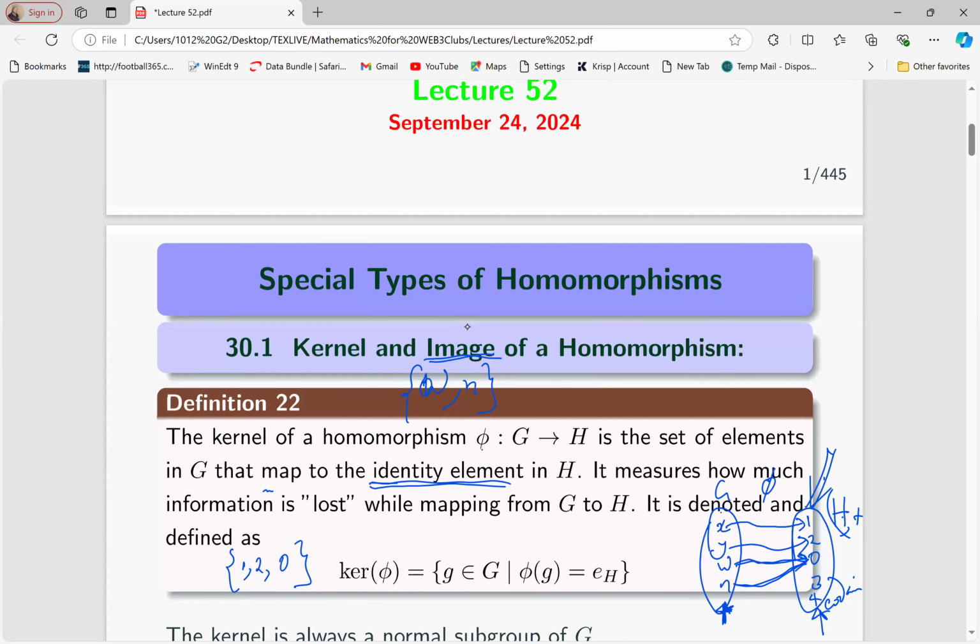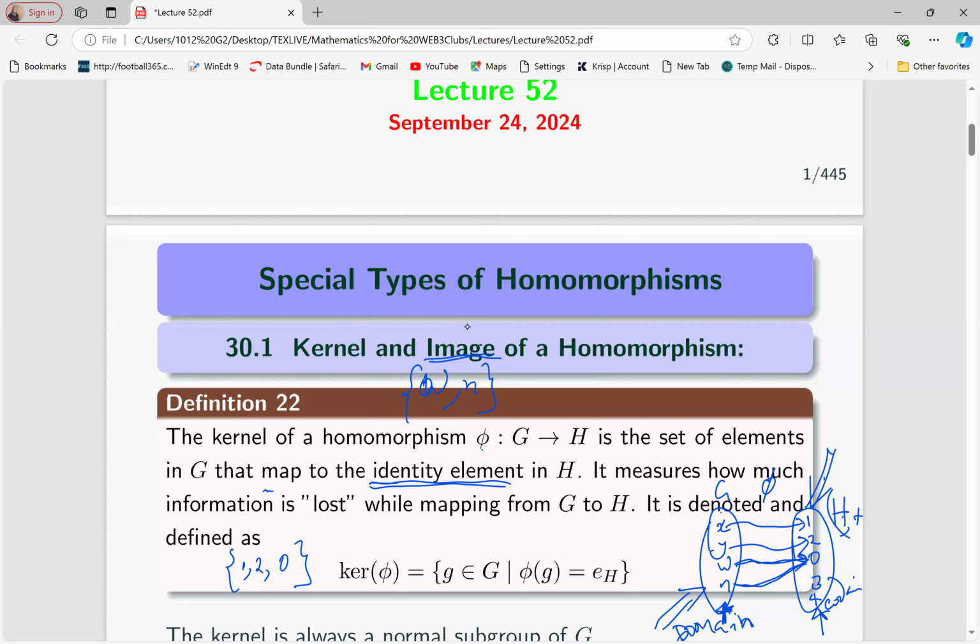homomorphism. So you need to know what the kernel of a homomorphism is. For the kernel, we are considering the domain, and then we are checking which elements have been mapped to the identity.